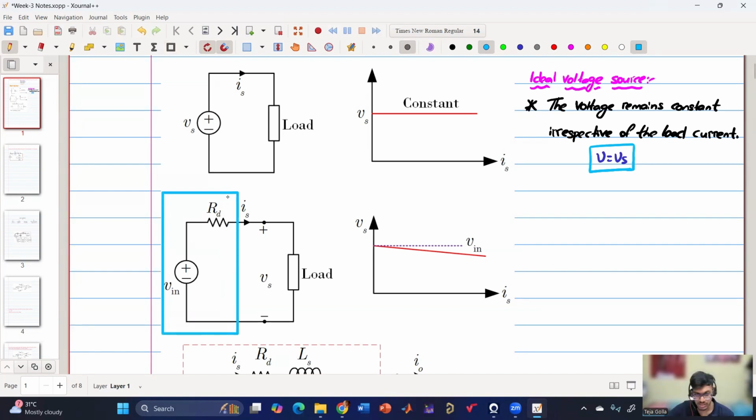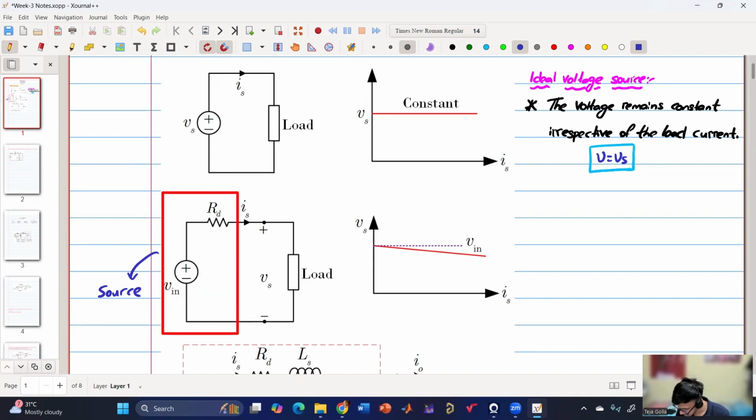The source that is inside this box, maybe I'll change the color. So this is the source. Internally, the source is an ideal voltage source plus some parasitic resistance.